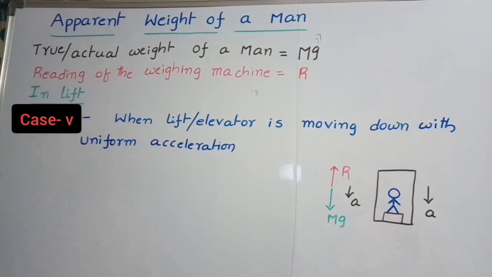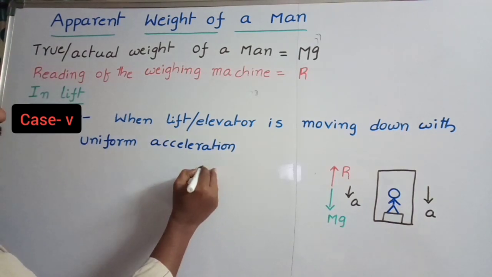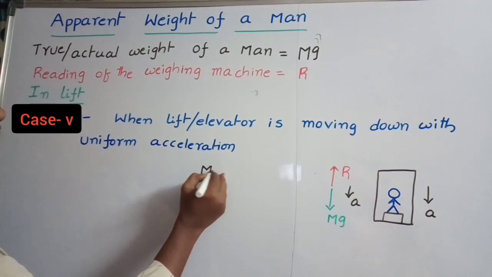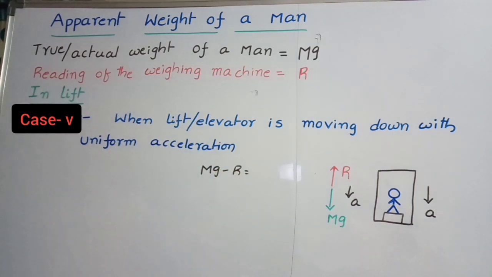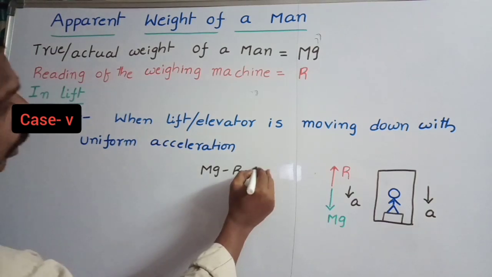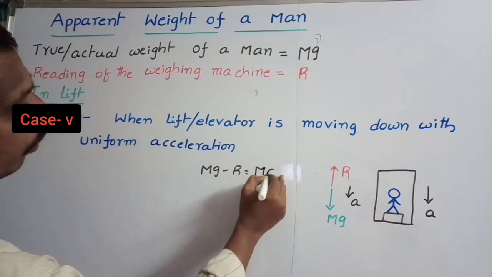Next case. When the lift or elevator is moving down with uniform acceleration. In this case, the net force in the downward direction is greater than in the upward direction. So mg minus R is equal to ma.